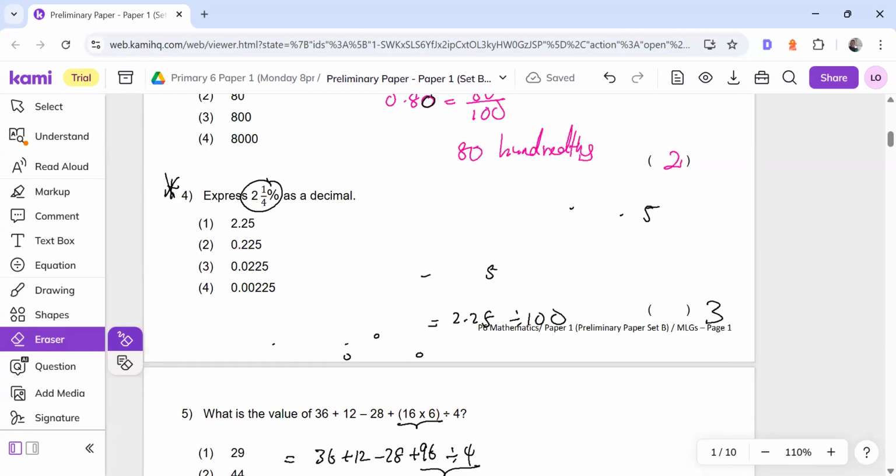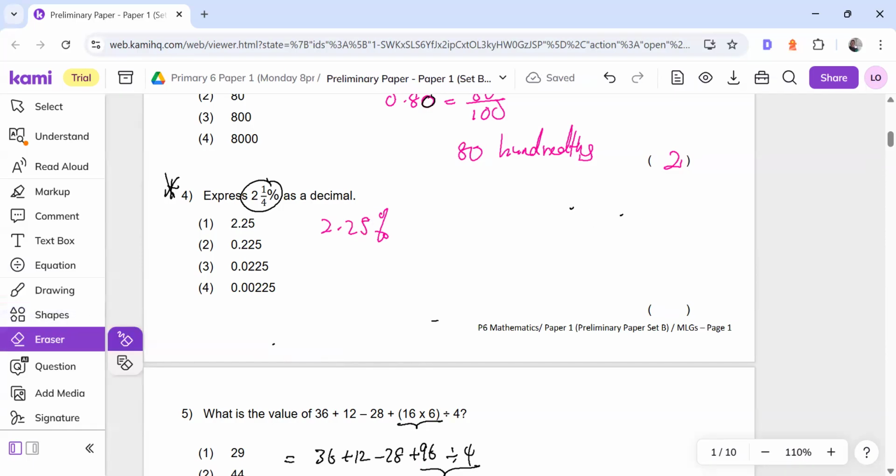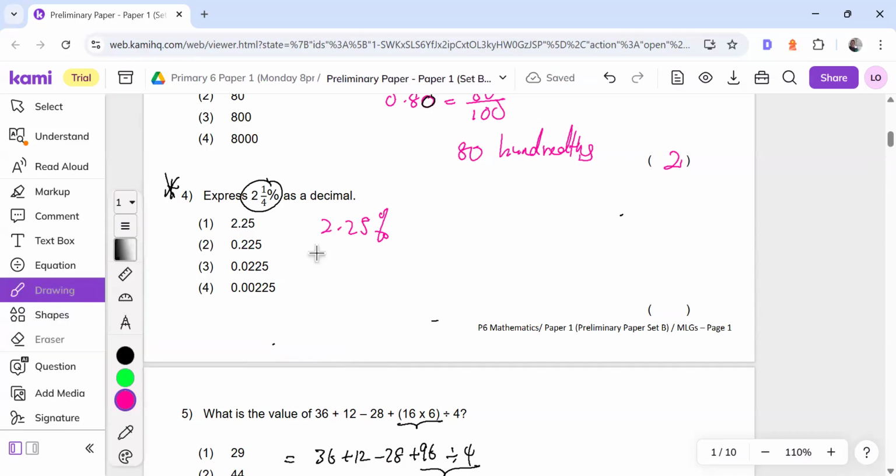2.25%. Remember, why is it not 2.25? Because if you convert the 2.25 into a decimal, it is 2.25. You're right, but it's still a percentage. You didn't change into decimal yet. So how do you totally change into decimal? You will have to make the percentage into a fraction. So 2.25 over 100.